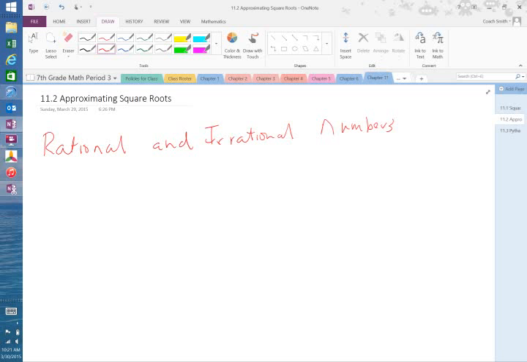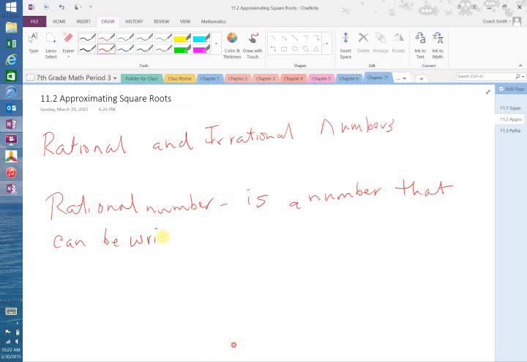a rational number is a number that can be written as a quotient.